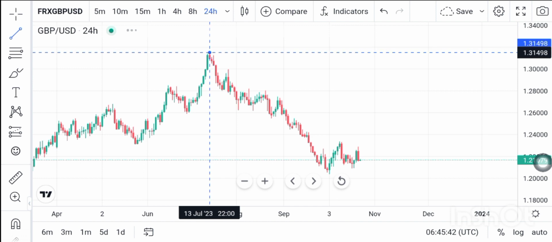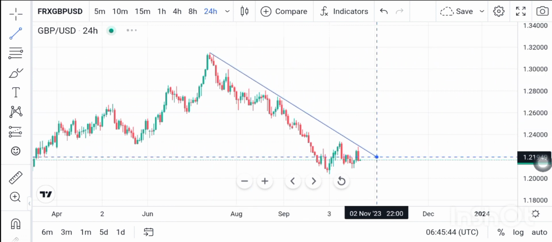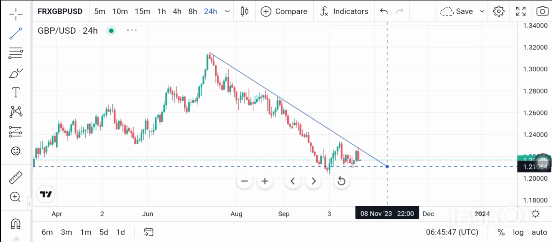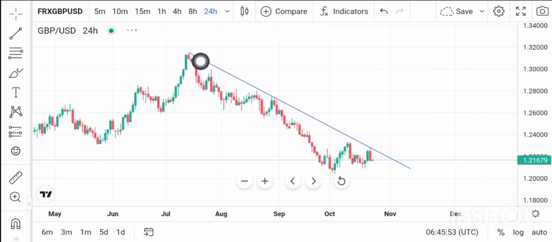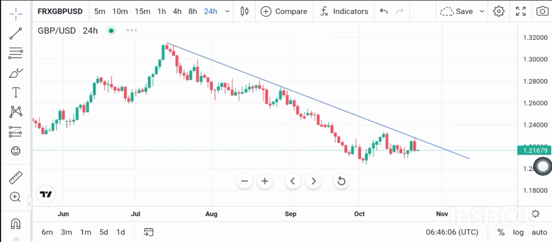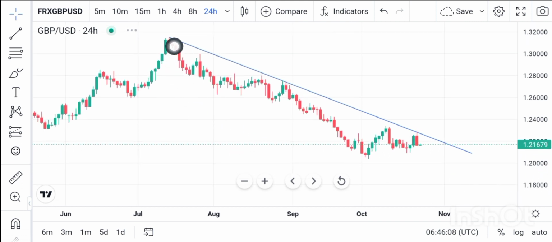From the swing high here to this high down here, from this high resistance zone to this low resistance zone, you will clearly see that the moment the market gets in touch with this trend line, the market reverses. It touches this trend line, the market reverses. Now this is the last touch of this trend line, and the market is about to reverse.